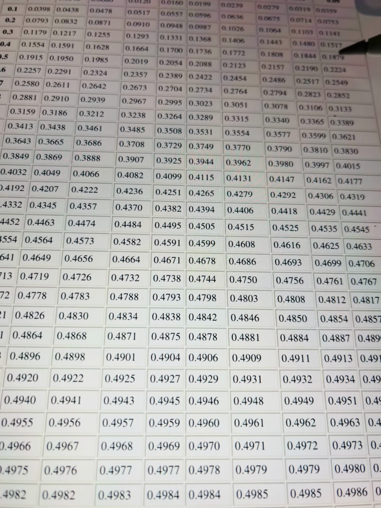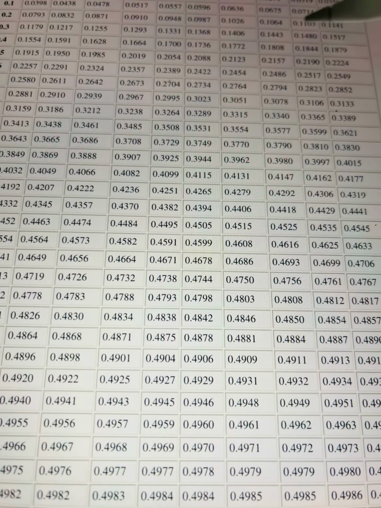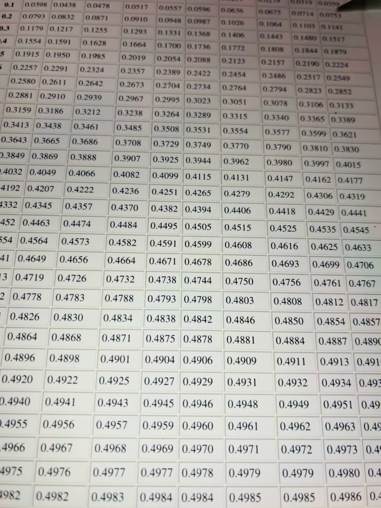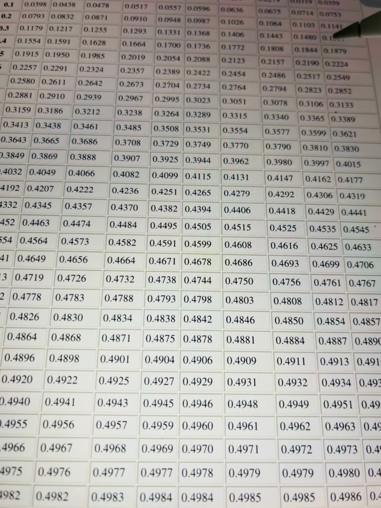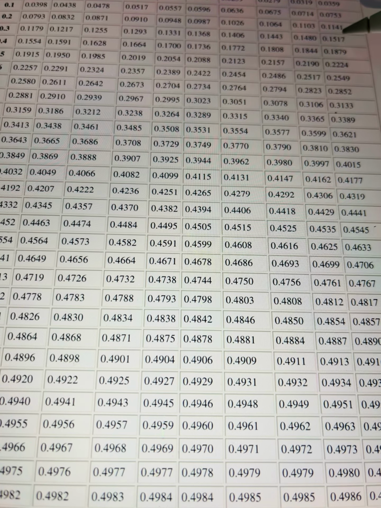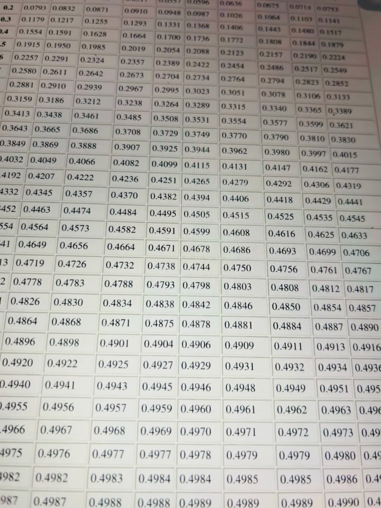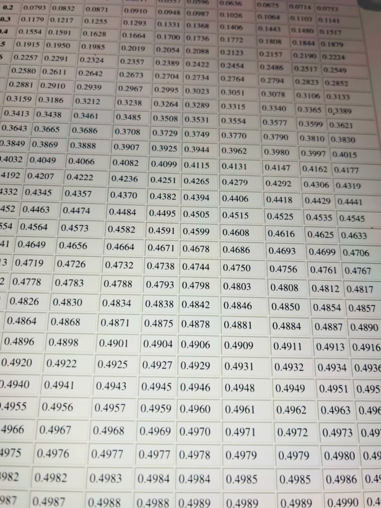Since we have 0.1480 and 0.1517, which are on both sides of 0.1500, 0.1517 is closer. So we will be using the z-score of 0.39.